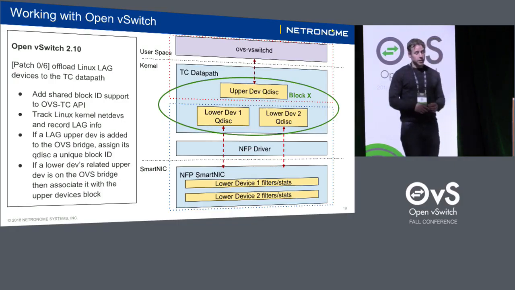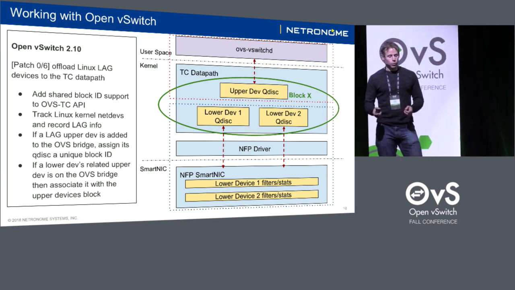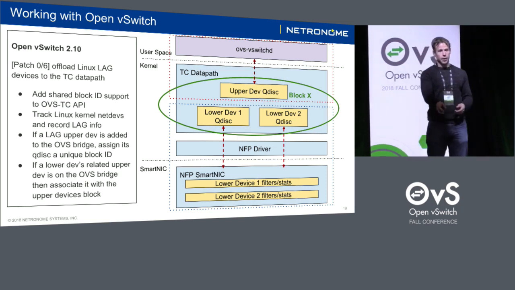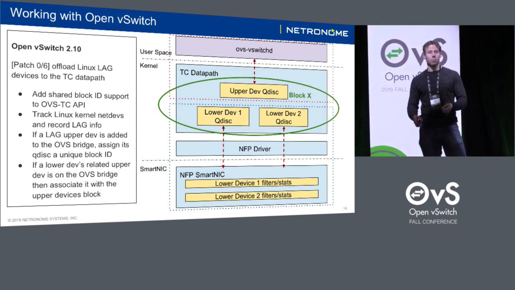So this is handled within the TC shared block code. For example, if a packet comes in, and let's use the example here, matches on the SmartNIC where I have lower device 1 there, our SmartNIC will only update the stats for that particular rule.